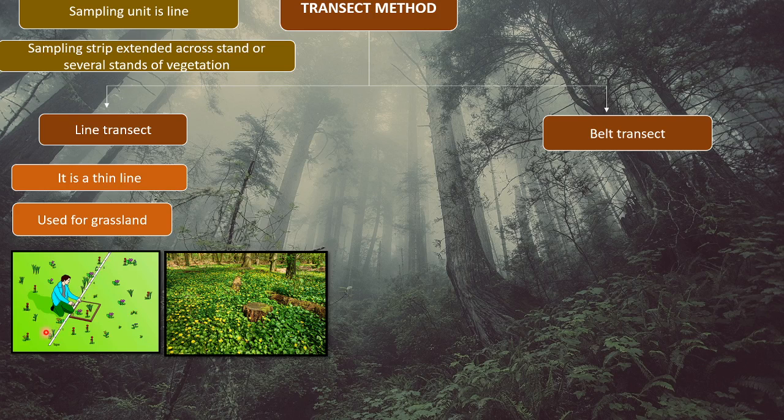Whatever plant species come over this path will be calculated, right? I will count the species that fall over this line, and the species that do not fall over this line are not counted. This is one way of measuring the vegetation. Let us understand this with a forest diagram. This is a forest floor.